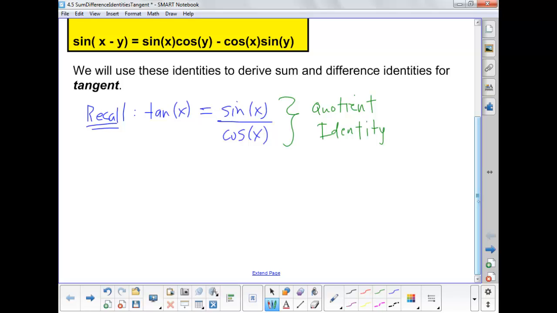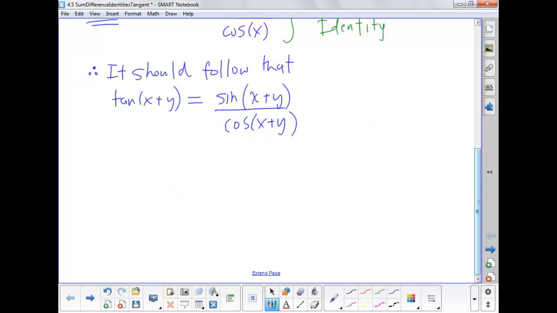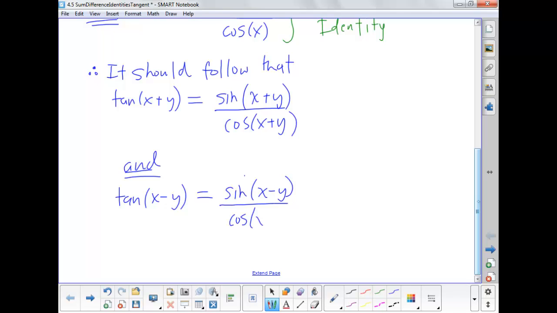So tangent of x plus y should simply be sine of x plus y over cos of x plus y. And for similar reasons, tangent of x minus y would be sine of x minus y over cos of x minus y.